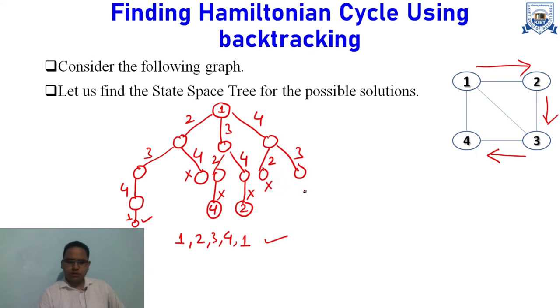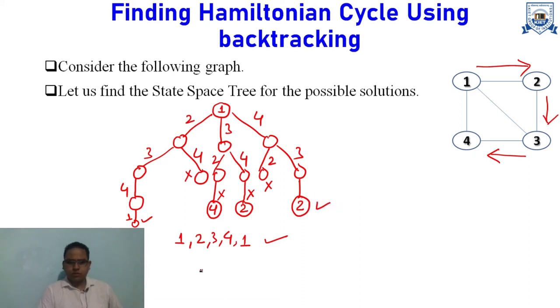Again it fails, so we can neglect this, because there is no path over here. Again 4 to 3, yes, there is a path from 4 to 3, so we can traverse 4 to 3. Then from 3, the only solution left is to go to node 2. Check whether a 3 to 2 path is there. Yes, the path is there. So that means this is our second solution.